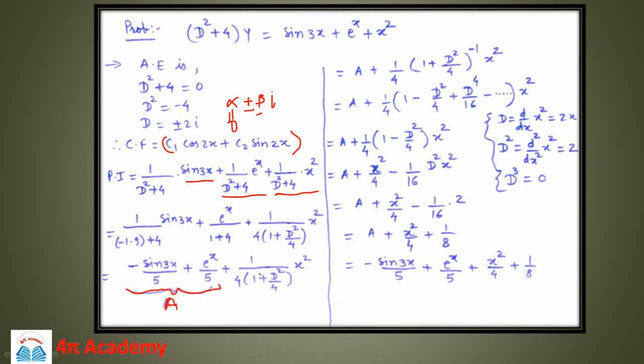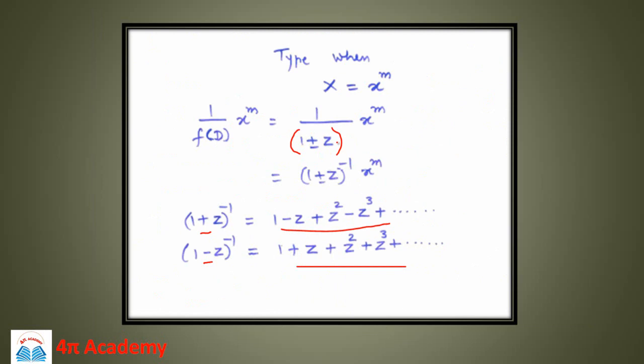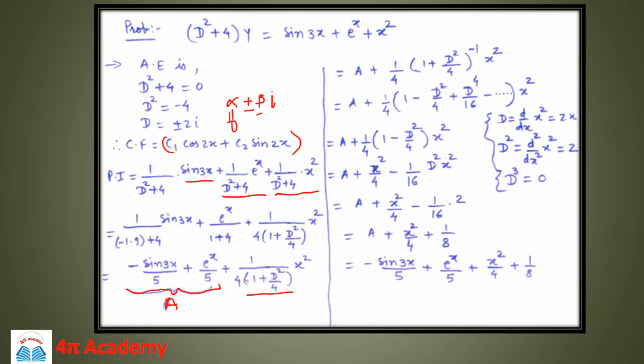So now we need to make this term in the form 1 upon 1 plus z, or 1 plus minus z raised to minus 1. It is already in this form, that is 1 plus d square by 4. So it is already in the form 1 plus or minus z. So that will be a, where this a we have already done.